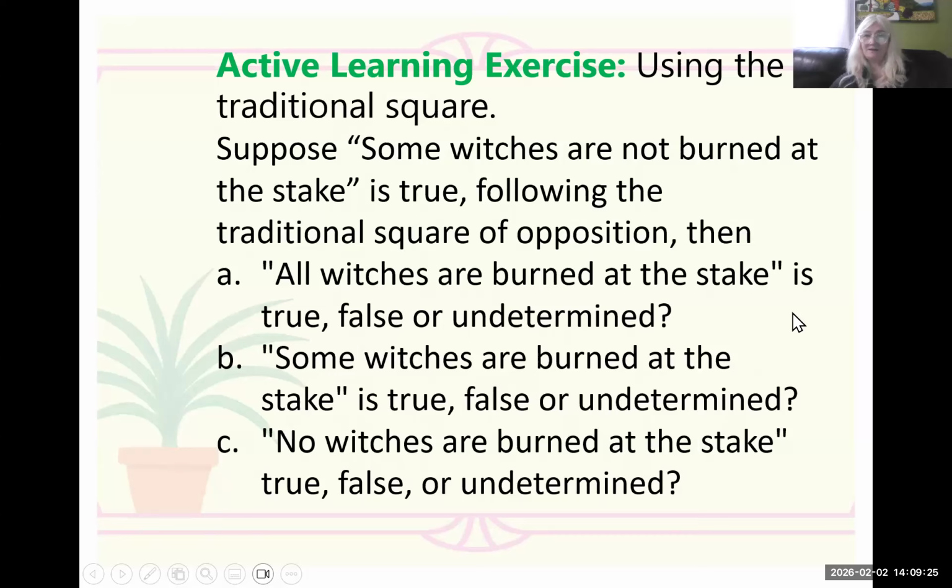As if you haven't done enough, again, you're just going to want to keep pausing and practicing these exercises so you get good at this. We're going to be doing the O sentence, "some witches are not burned at the stake." If this is true, what is the value of "all witches are burned at the stake"? "Some witches are burned at the stake," and "no witches are burned at the stake."